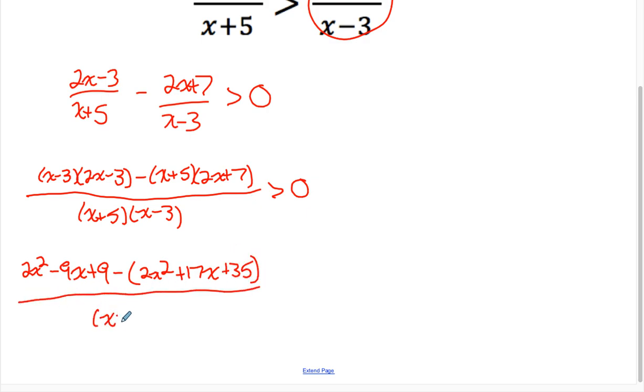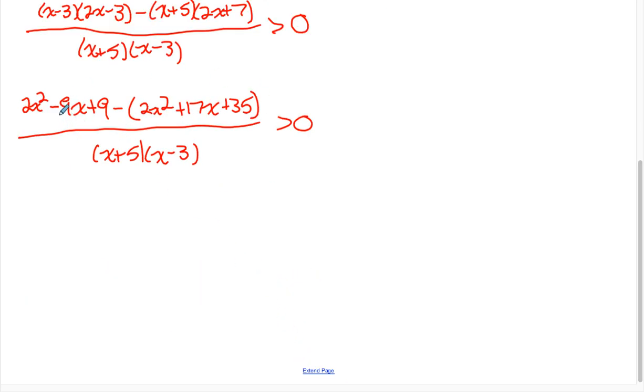Our denominator is already fully factored, so I'm going to leave that. Then if I expand and collect the numerator, I've got 2x squared minus 2x squared, that's 0x squared, so those are gone. I've got negative 9x minus 17x, that's negative 26x, and I've got 9 minus 35, that's negative 26, over my denominator.